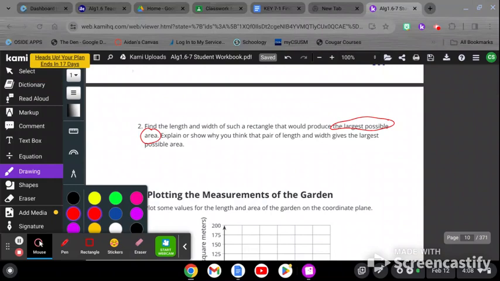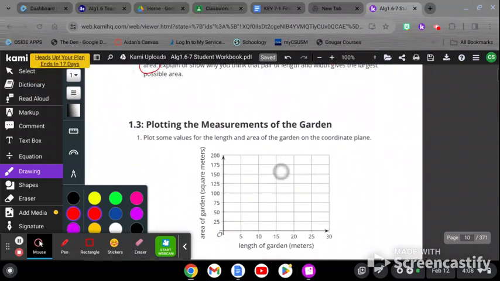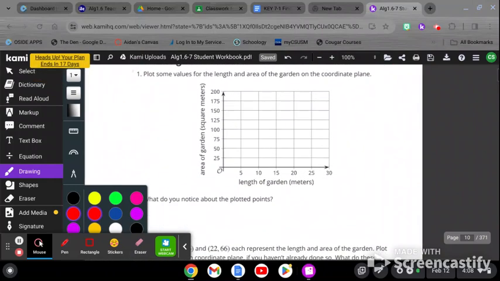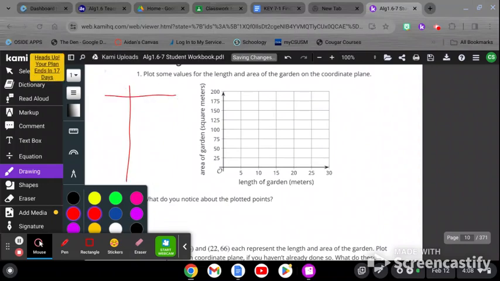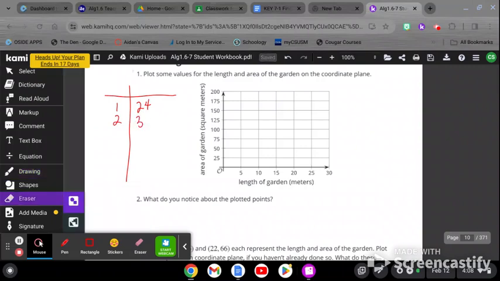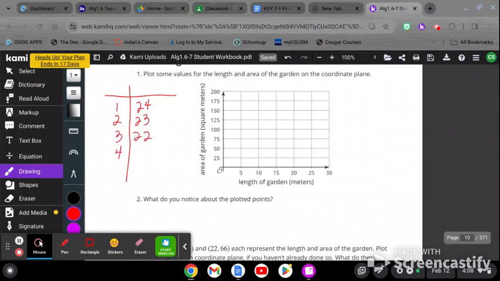Okay, so now this is giving us another parameter. So I'm going to go down here where there's a little bit of space because we're going to end up graphing it. And so we're saying if the smallest width was 1, we decided that was a 1 by 24, 2 by 23, we notice as one goes up, the other has to go down.